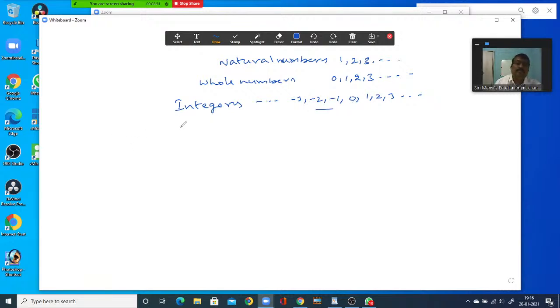Now, a rational number, as we told in previous classes, is in the form p by q, where p and q are integers and q is not equal to 0.